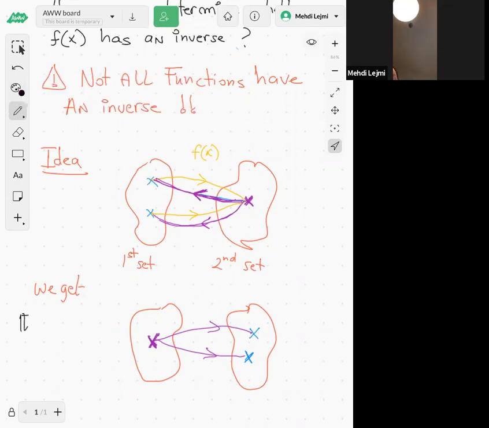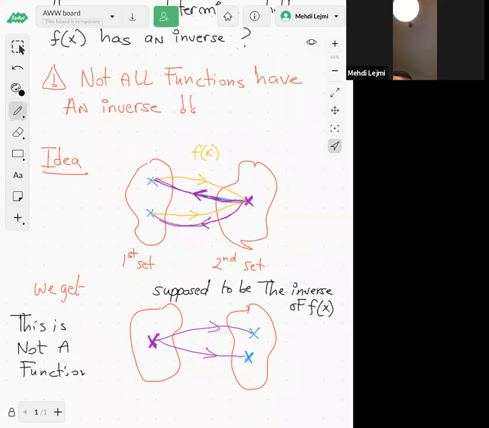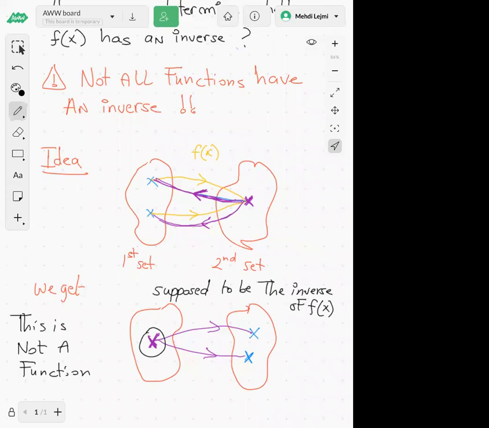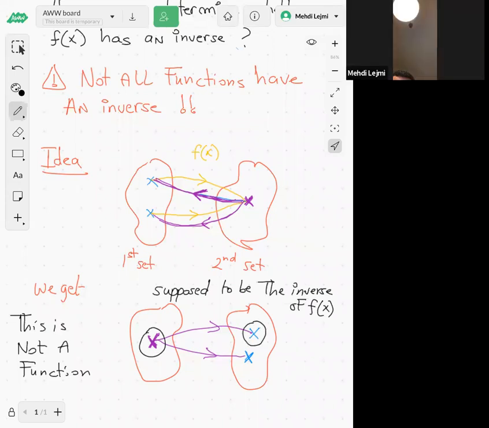So this is supposed to be the inverse function, the inverse of f of x. But this is not a function, okay? Because as you can see, this input has two possible outputs, right? So it's not a function. So this function f doesn't have an inverse.